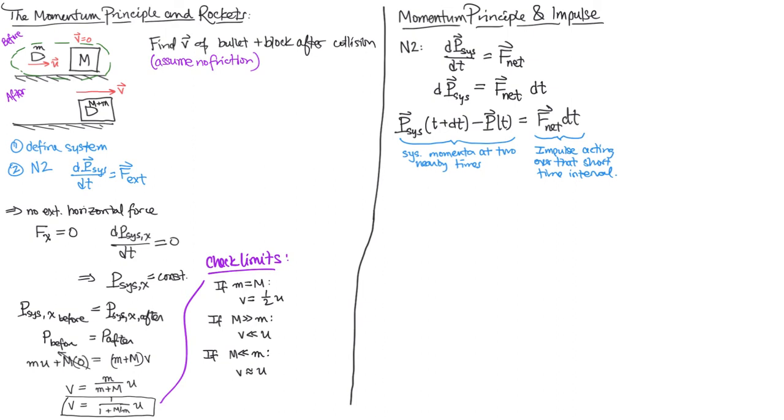Okay. The key here, just as before, is once you talk about a system and define the system, you have to use the same system for both of these time periods. You can't just look at one part of the system and then drop part of it when you're talking about the later time.